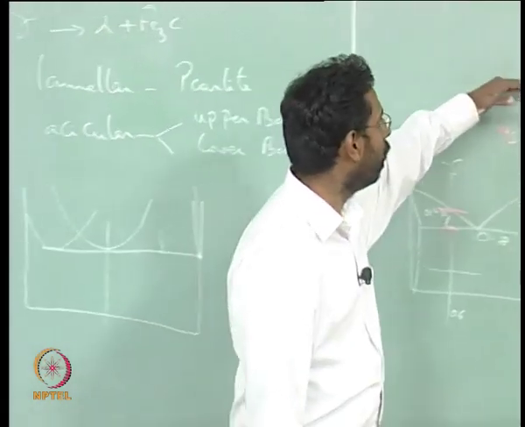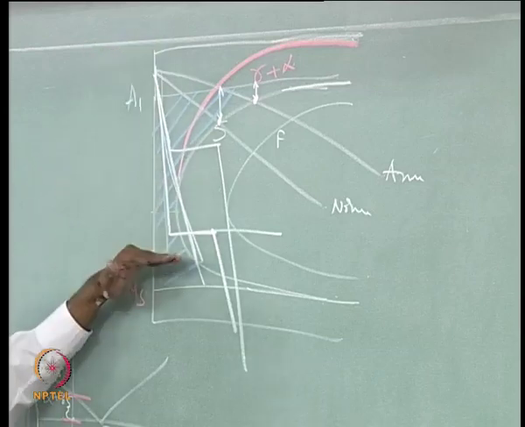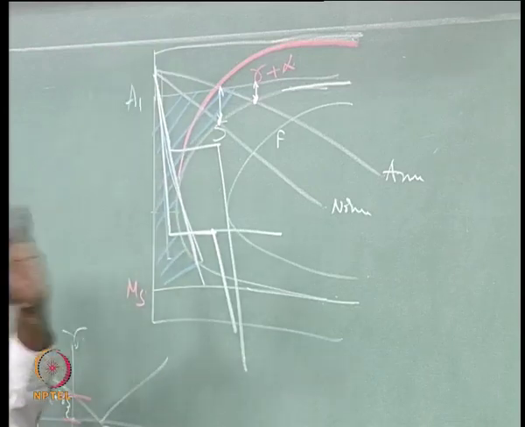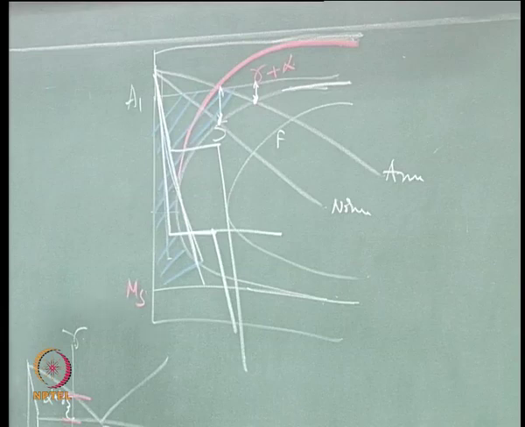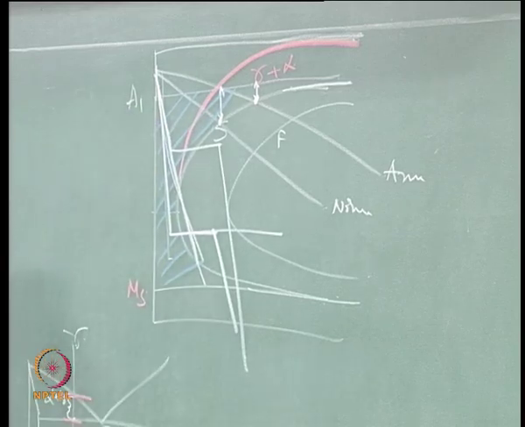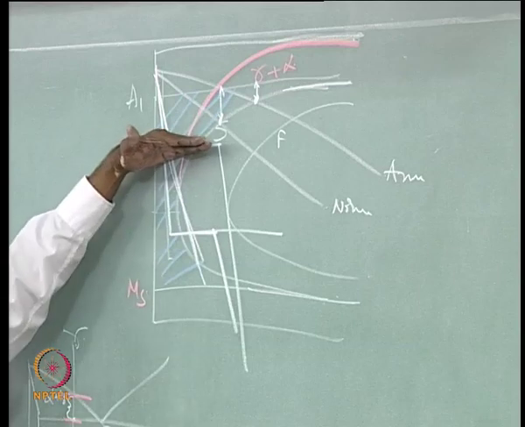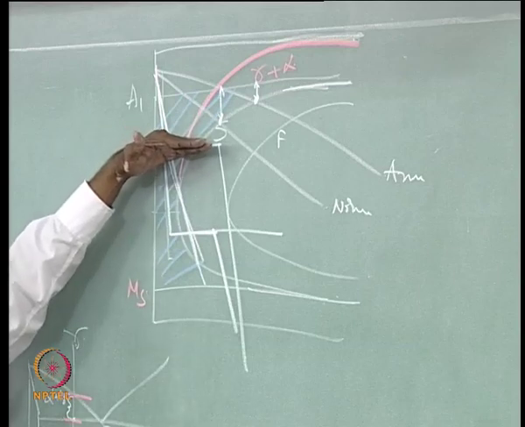Because of the diffusion problem, the gamma first gives you alpha of the same composition as the gamma. So it is a polymorphous transformation followed by precipitation, whereas here it is first cementite coming out and then alpha coming out. That is the difference between this and this. That is why you get a lamellar alpha plus cementite mixture here.